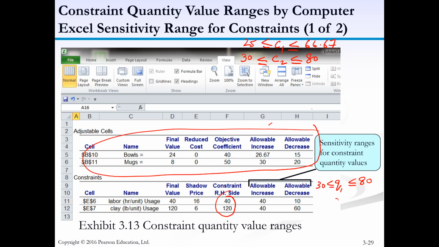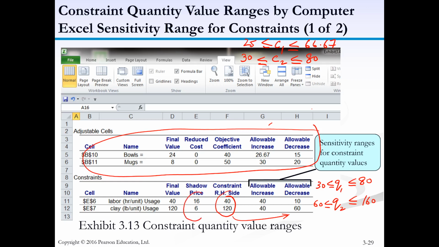For the second, Q2, 120 plus 40 is 160, and 120 minus 60 is 60. So this is the range over which we can change.